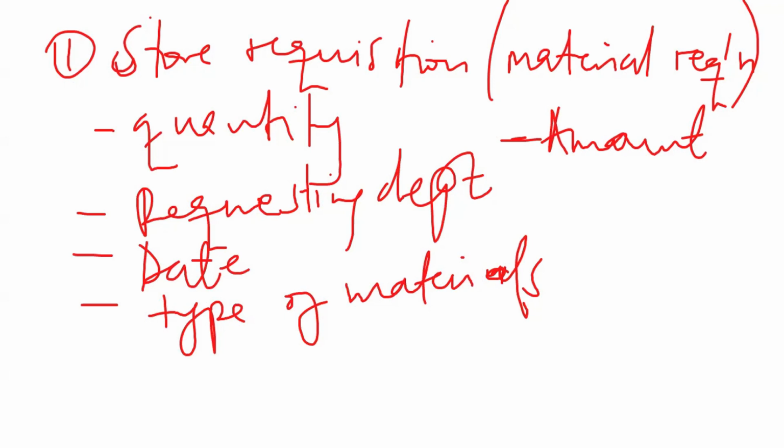So if they tell you to write short notes about material requisition note or requisition form, then all we know is it is just a document. Let's just write something to define material requisition note. It's a document, either document, a note, whichever you call it, it will work. It's a document that is used to request materials from the stores.